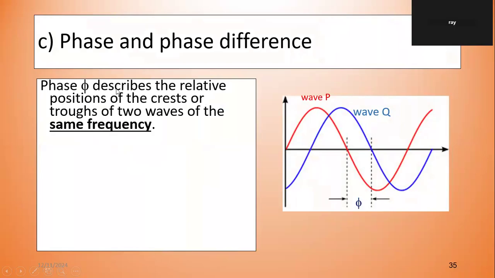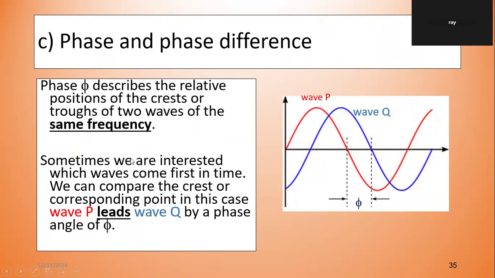Phase describes the relative position of the crest or trough of two waves of the same frequency. Sometimes we are interested in which wave comes first in time. We can compare the crest or corresponding point. In this case, P leads Q by a phase of 5.